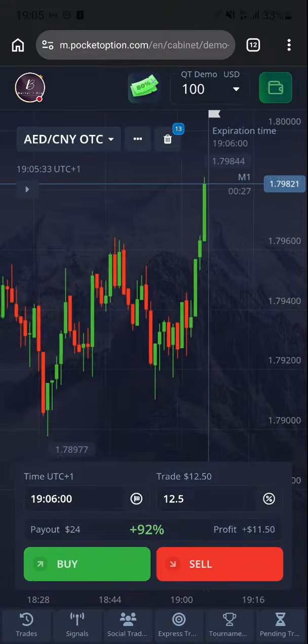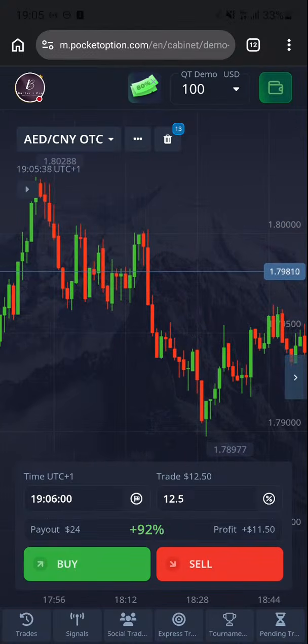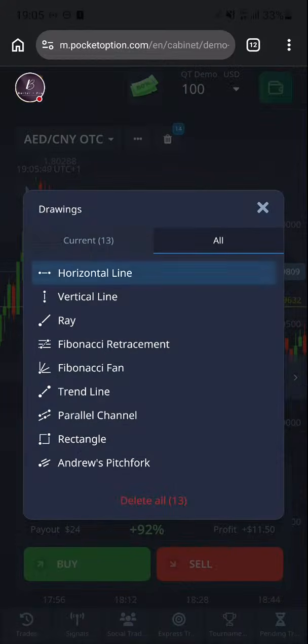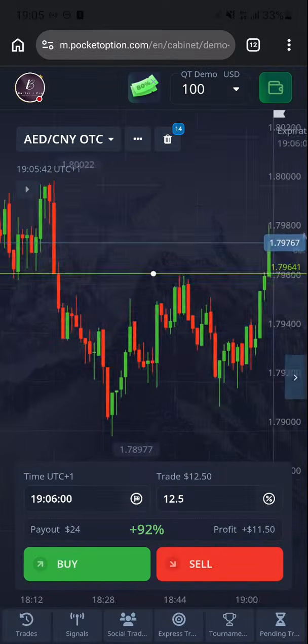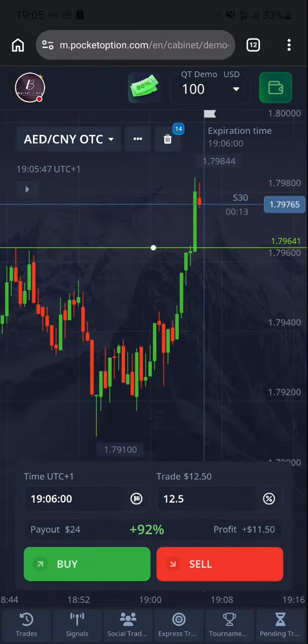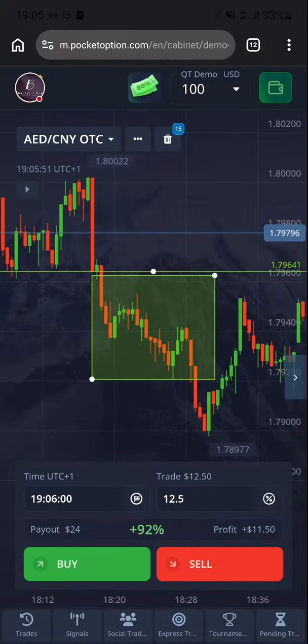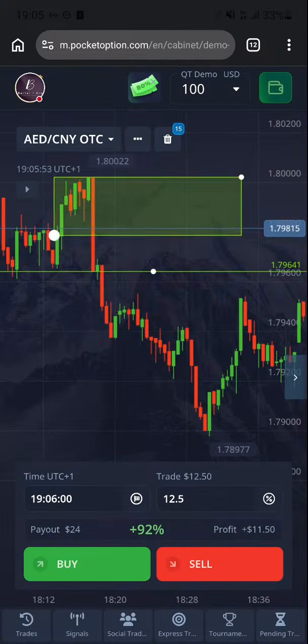Let's check the rest of the markets. We have a level here being broken. We're most likely going to have a decision point somewhere here. Okay, there's one here. Let's mark this one quickly.